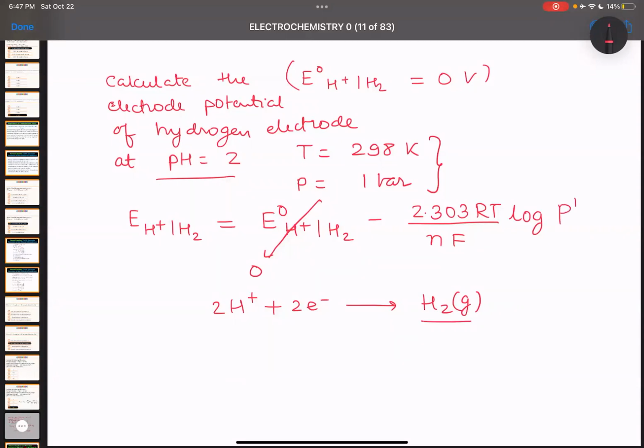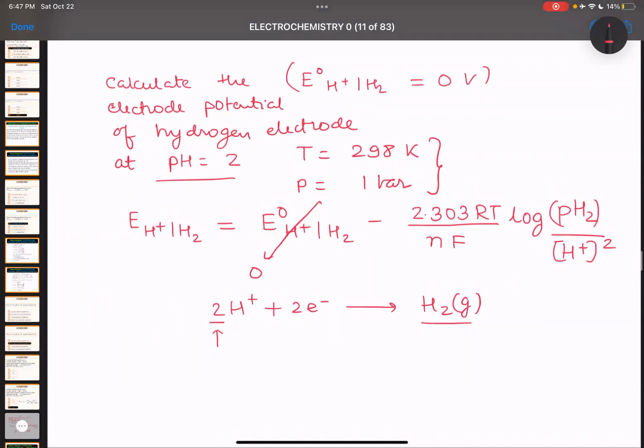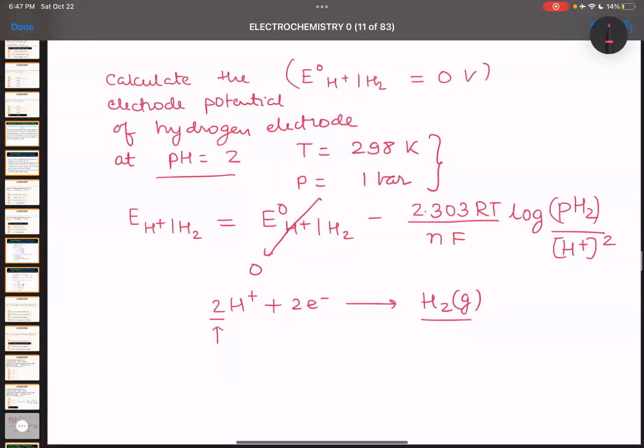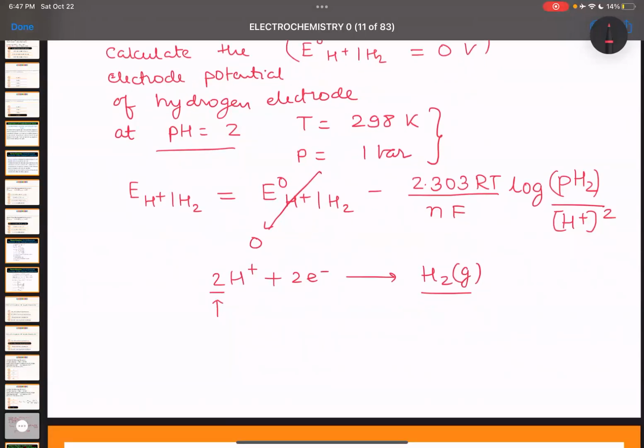If you have gases, take the partial pressure of the gas, divided by the concentration of H plus ions, each raised to the power of the stoichiometric coefficient. So it is 2. Clear? So tell me quickly, what are we going to get as the answer?